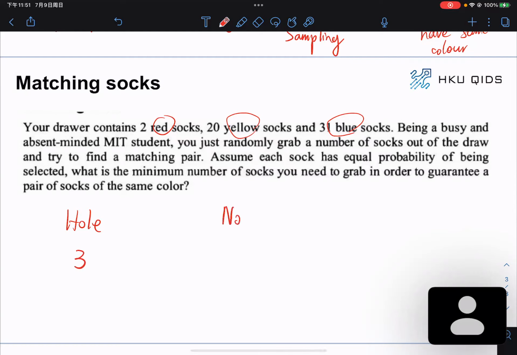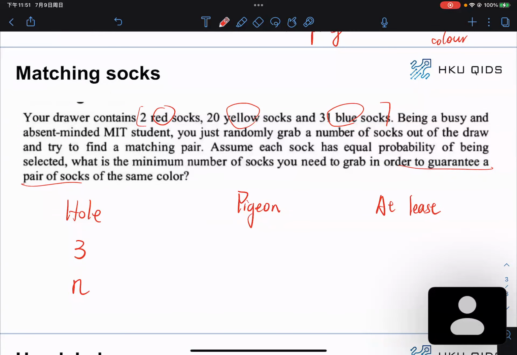And we have the number, and this is going to be our n. We have the pigeon. In this case, it is the total number of socks. So we want a pair of socks of the same color, which means the at least part, we just want two, right?